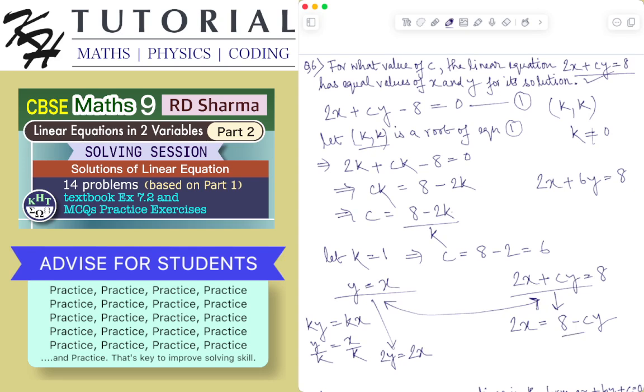So 8 minus cy has to be equal to 2y. How can I find the value of c?